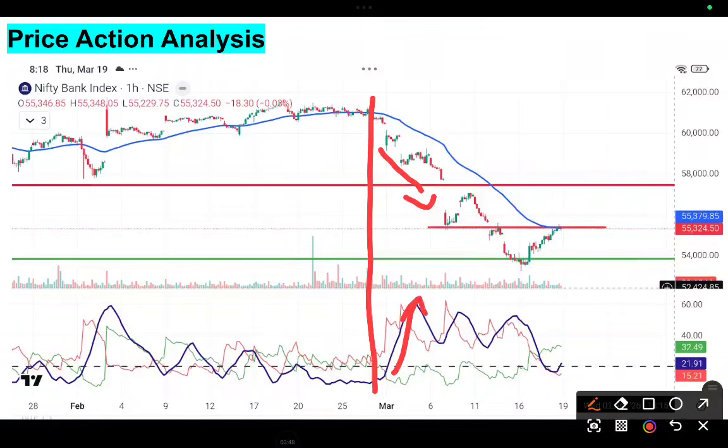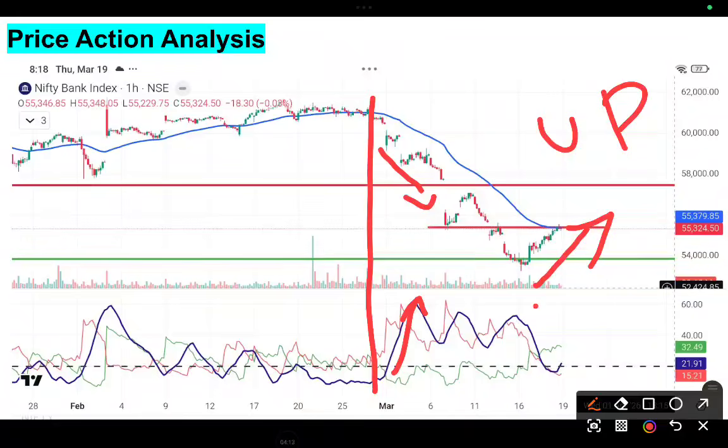Now, how to avoid a false breakout? Let's take an example of the past couple of days. The Nifty chart which I've opened over here is for the past couple of days only, on an hourly basis. You can see that starting 16th of March, we have an uptrend.